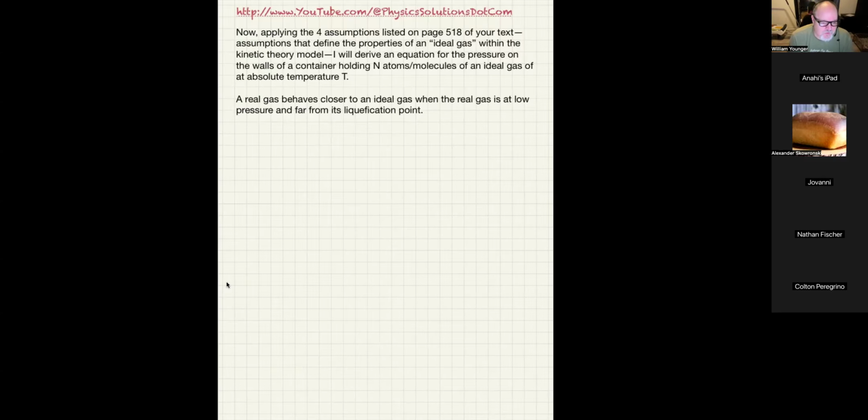Part two, the second assumption is the molecules are, on average, far apart from one another. That is, their average separation is much greater than the diameter of each molecule. So remember when we did a solid, we found that basically in a lattice, the copper atoms are on the order of 10 to the negative 10th meters apart.